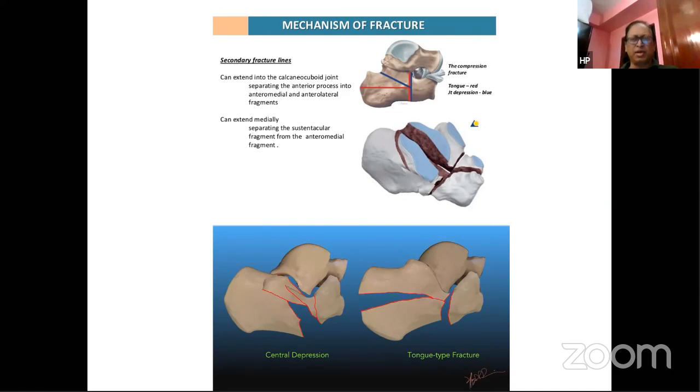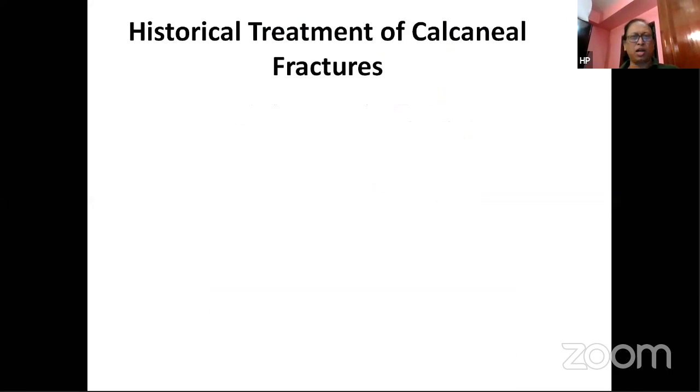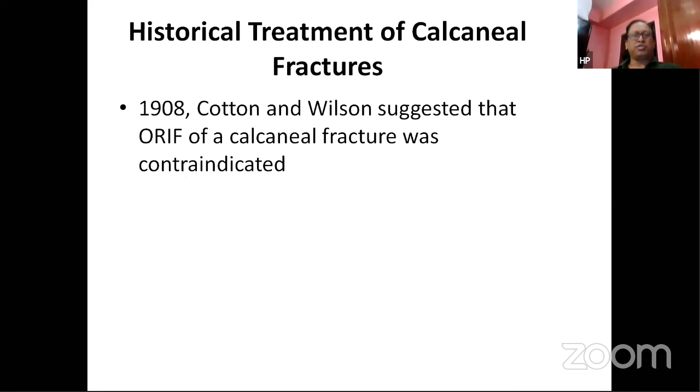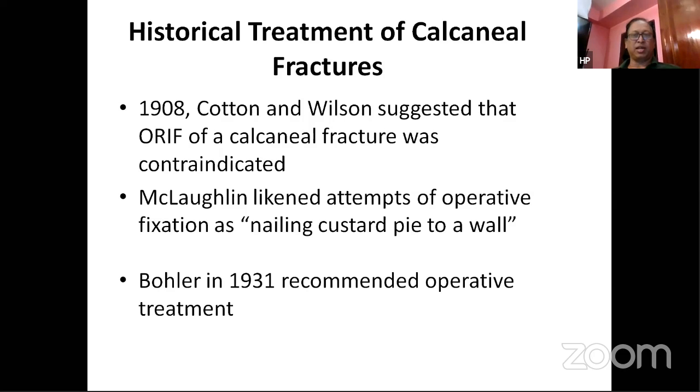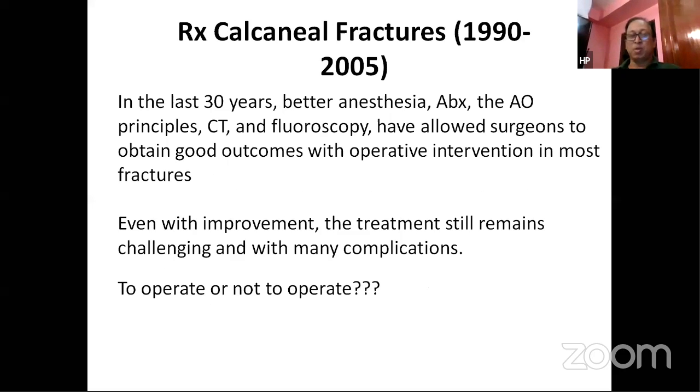So what we have to understand is this basic Essex-Lopresti classification, to know what we are treating and what are the things that we are required to do. The historical treatment of fractures, as you know, started way back in 1908 with ORIF of calcaneal fracture, and they said this is contraindicated. And then somebody said it is like nailing custard pie to a wall. This is so true, even in comminuted fractures.